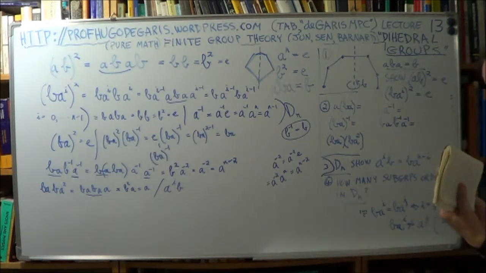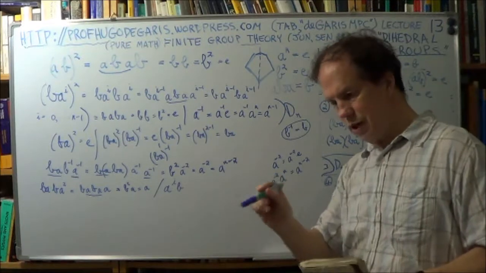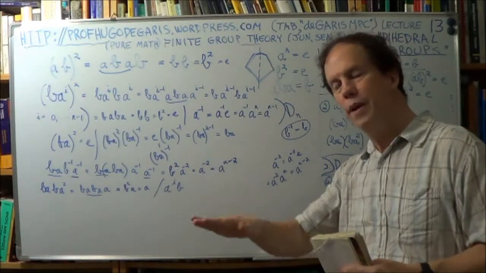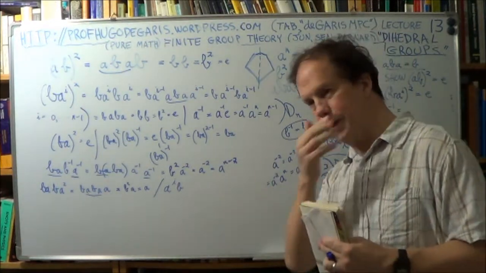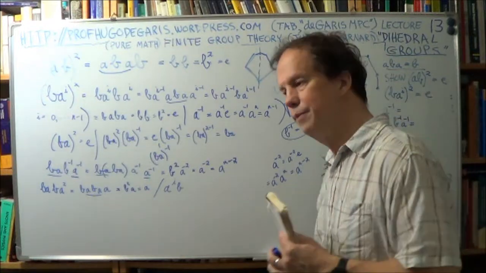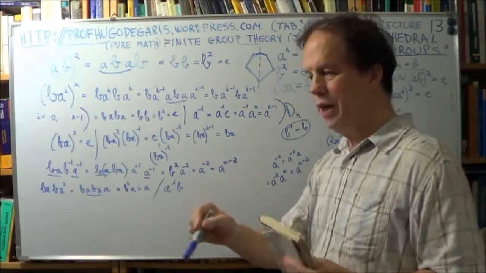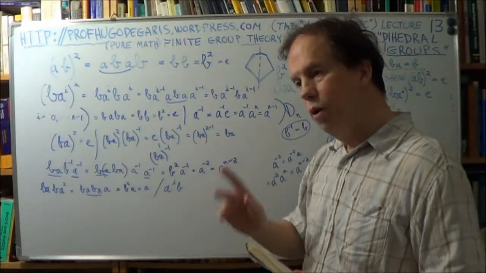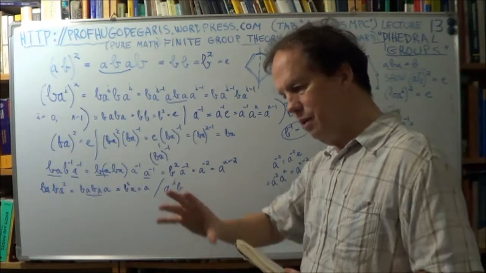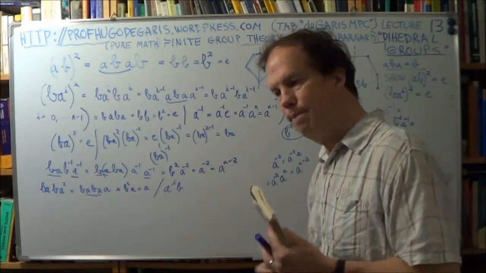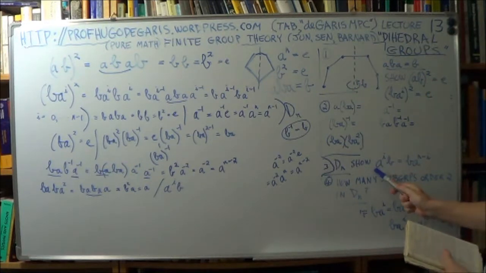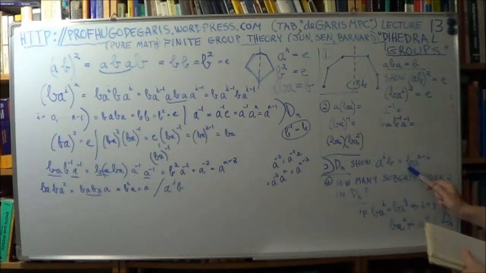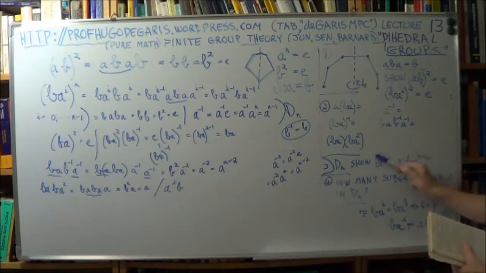And you need that in your group table because it's usually expressed that way. When it involves a dihedral, a flip, you want the B on the left-hand side. It's the format of the whole group table. So you either have A to some power, the rotation type entries in your group table, or you'll have B A to some power. So if you have something like this, you want to be able to convert it to B something, where the B is on the left-hand side. So how to prove this?